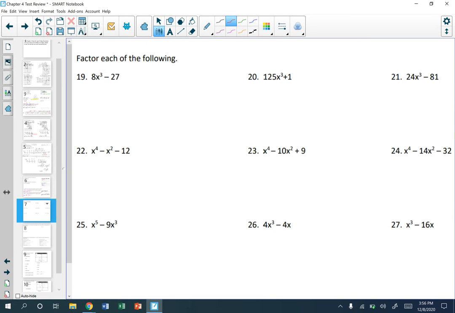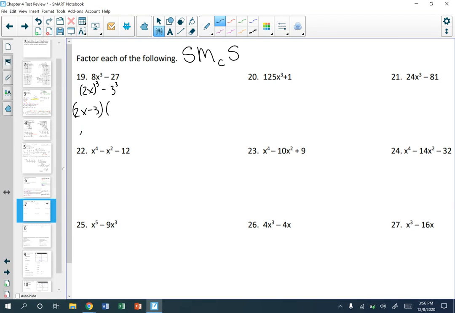All right, 19, factor each of the following. We see the first one is a difference of 2 cubes. We can rewrite 8x cubed as 2x cubed minus 3 cubed. I pull one of each out. And then I remember square, multiply and change the signs, square.